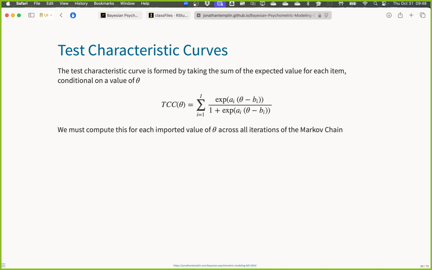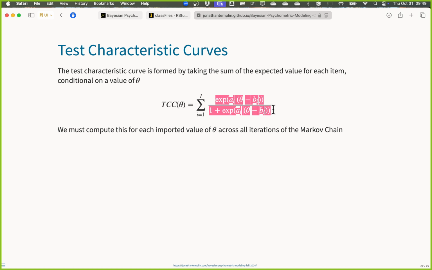The test characteristic curve turns out to be formed by the sum of the expected value of the probability of each item, conditional on that value of theta. So let's talk about that real quick. Imagine we take the very first value of theta, -3, we plug it into our inverse logit function. Out comes a probability.